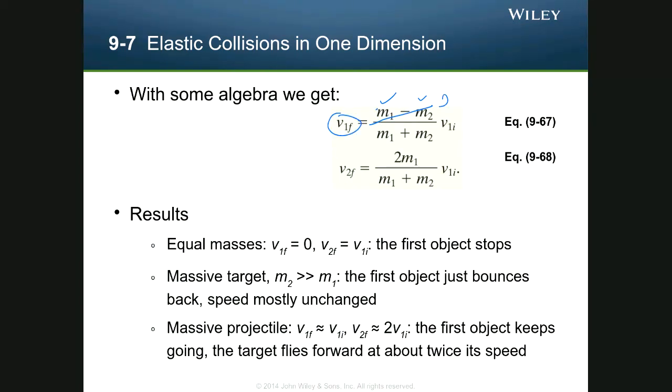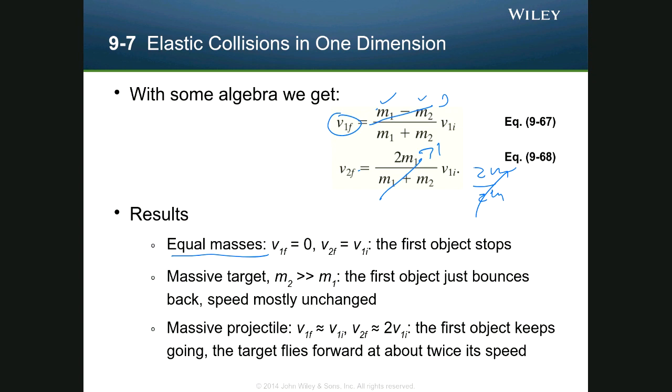And if the 2 masses are equal, this will be equal to 2m over 2m, which will cancel. And so this will go to 1, and v2f will equal v1i. All right? So hopefully this result makes sense.